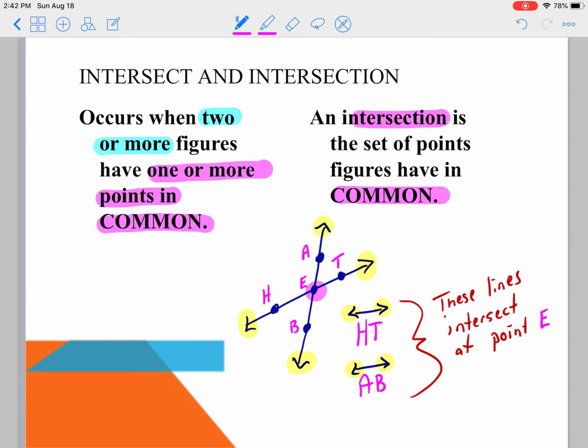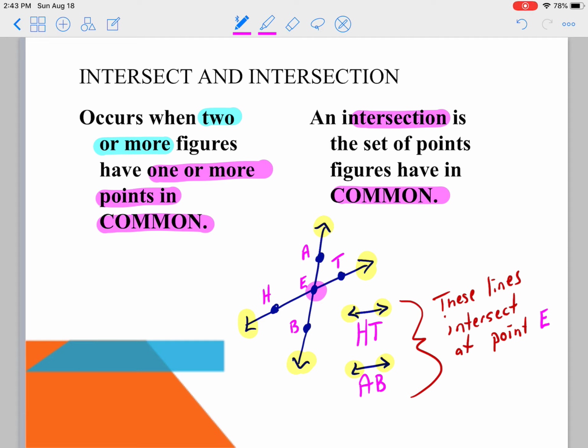And the thing about an intersection, we deal with intersections every day. When you're driving your car and we come to a stoplight or a stop sign, those are at an intersection. That is an easy real life application of geometry. It's an intersection, and that stoplight or the area under the stoplight or between the stop signs are the points that the two roads have in common, and we call that an intersection. That is directly from geometry.